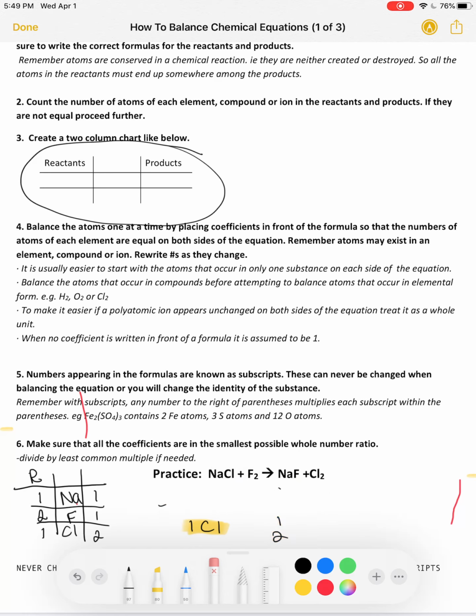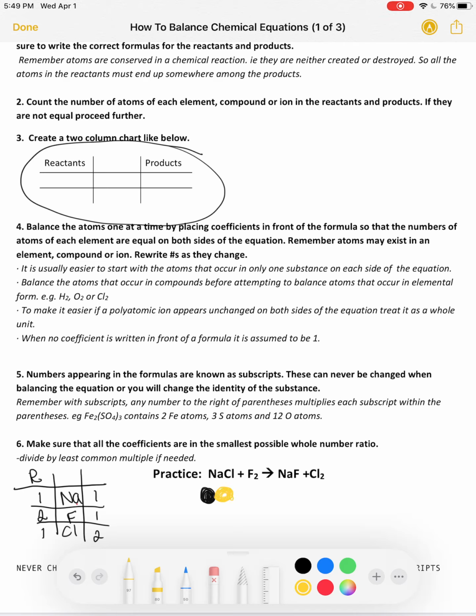All right, so remember I said we cannot change subscripts. The only thing we can change is the amount of molecules of them. Because if we're looking at this from the point of view of the molecules, we've got 1 sodium, which is going to be black, bonded to 1 chlorine.